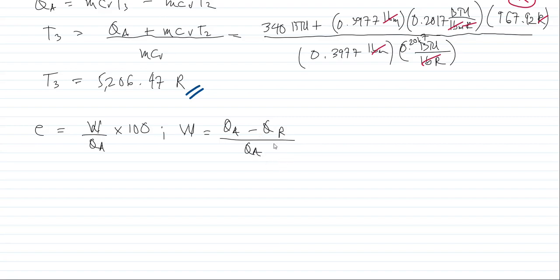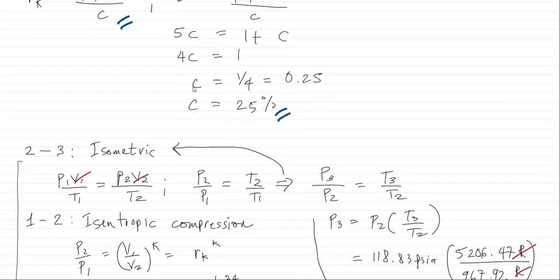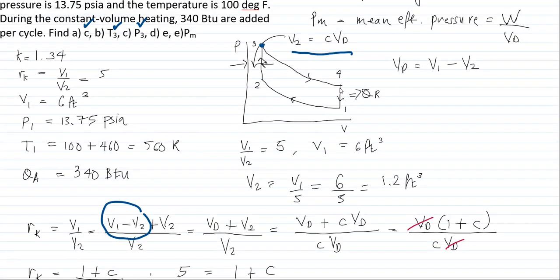Let's simplify this formula first. Our heat added is equal to MCV, T3 minus T2, because the addition of heat happens at points 2 to 3. And the rejection of heat happens at points 4 to 1.